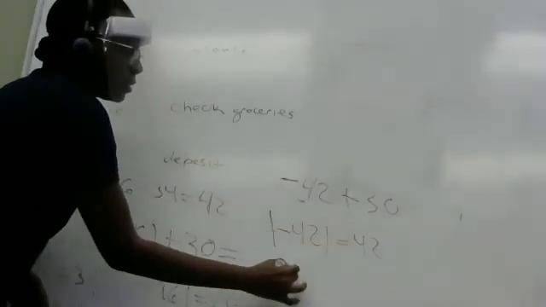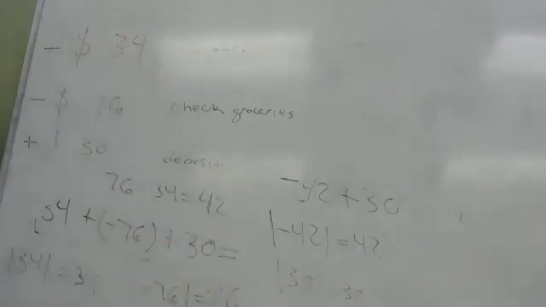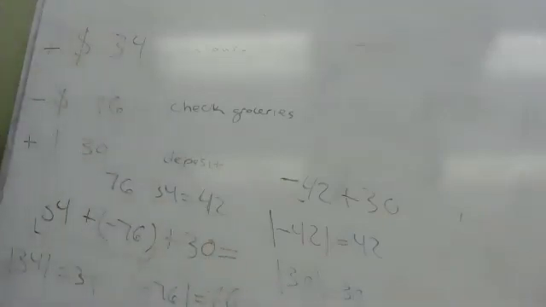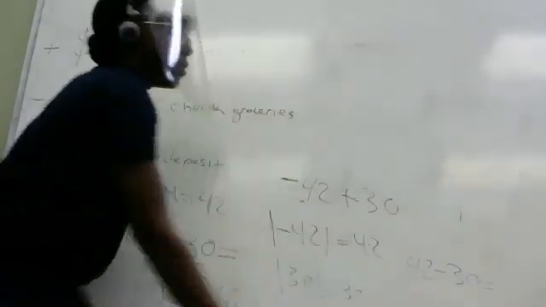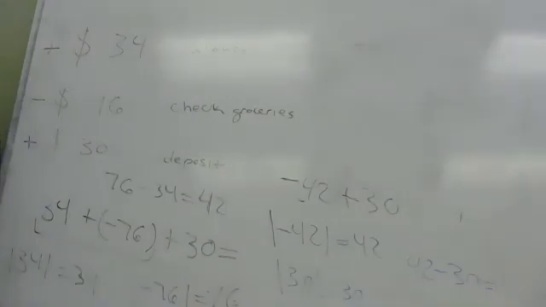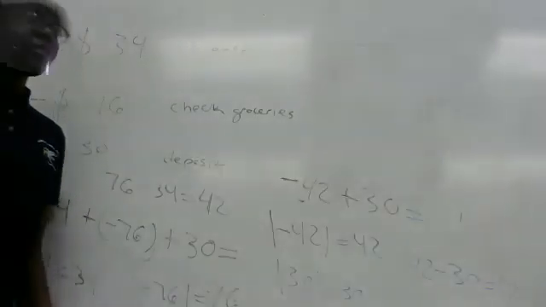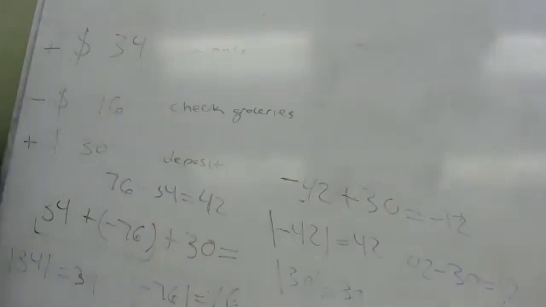Absolute value of 30 is 30. What do you do with these numbers? Subtract them. 42 minus 30 gives you 12. The final answer is negative. Why is it -12? Because 42 is larger and it's negative. Exactly. We subtract 42 by 30 because 42 is bigger.